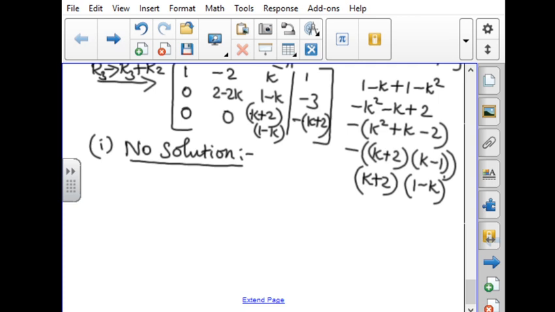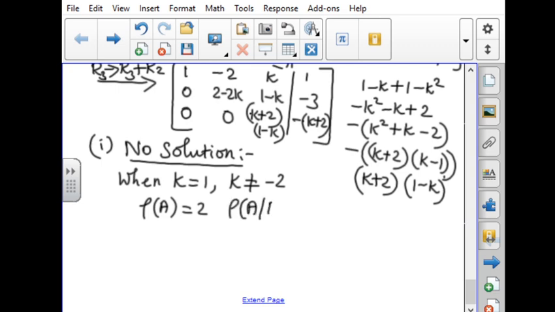So no solution when k is equal to 1 and k is not equal to minus 2. K equal to 1 means rank of A will be equal to 2. K not equal to minus 2 means rank of A bar B equals 3.